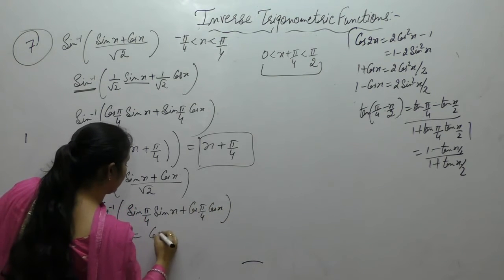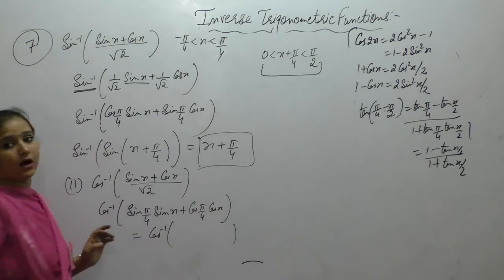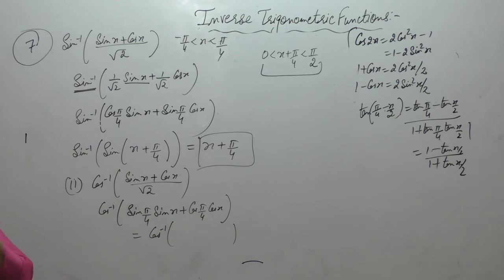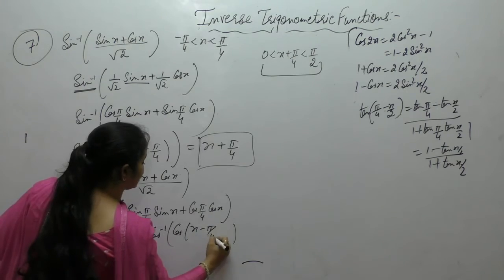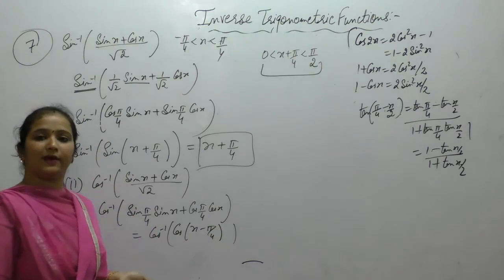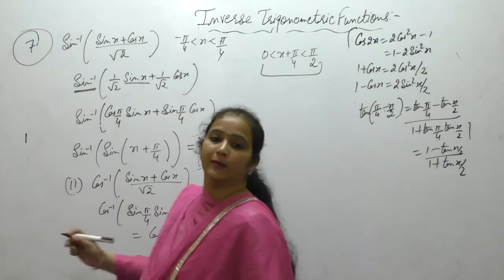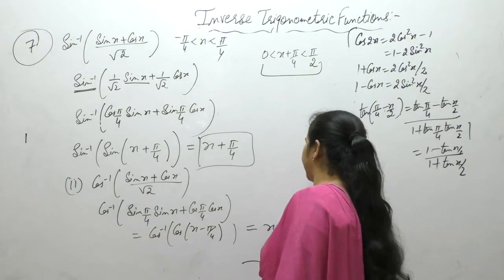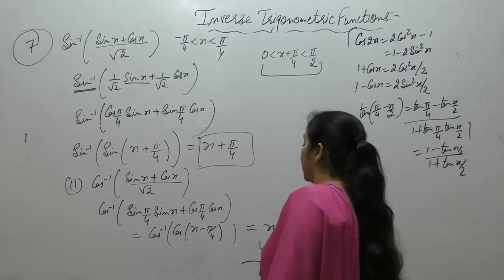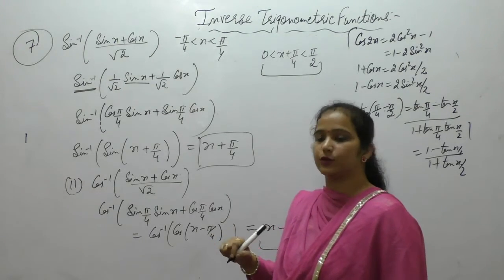Now here use the formula cos A cos B plus sin A sin B, cos of A minus B, x minus pi by 4 or pi by 4 minus x, same thing, because cos of minus theta is cos theta. So we get it as x minus pi by 4 when the limit lies between 0 to pi.